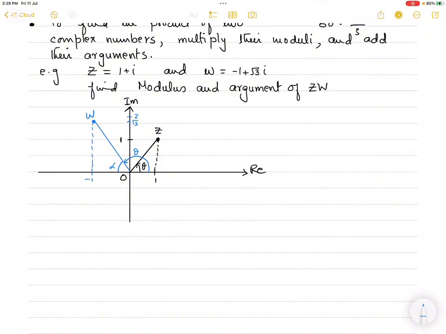That alpha can be found by writing tan inverse of, this is root 3 and this is 1 unit, opposite over adjacent, so root 3 over 1. That is pi by 3.